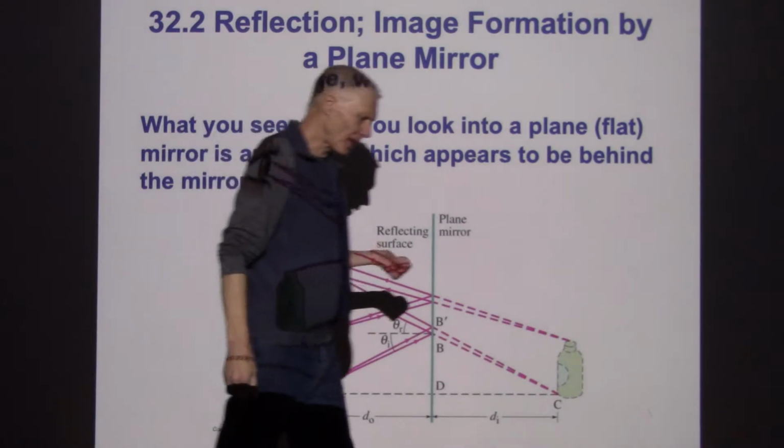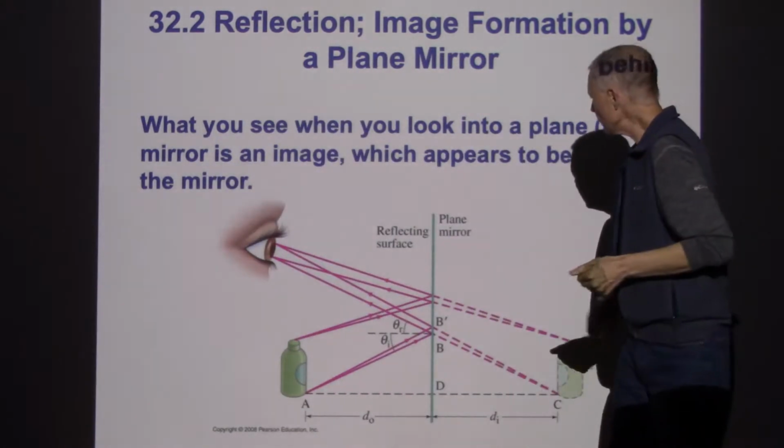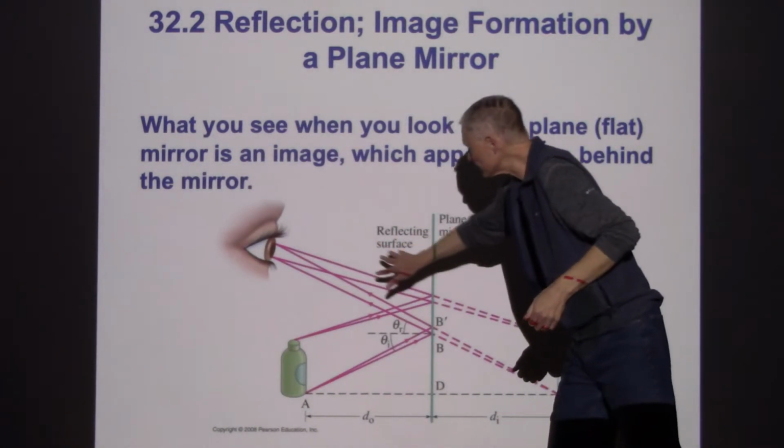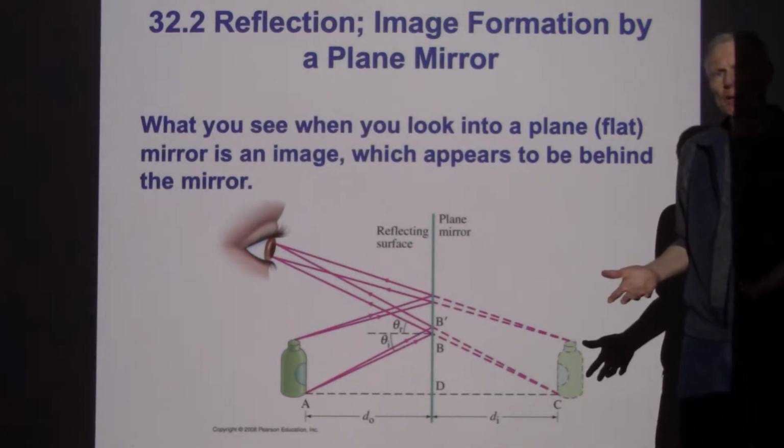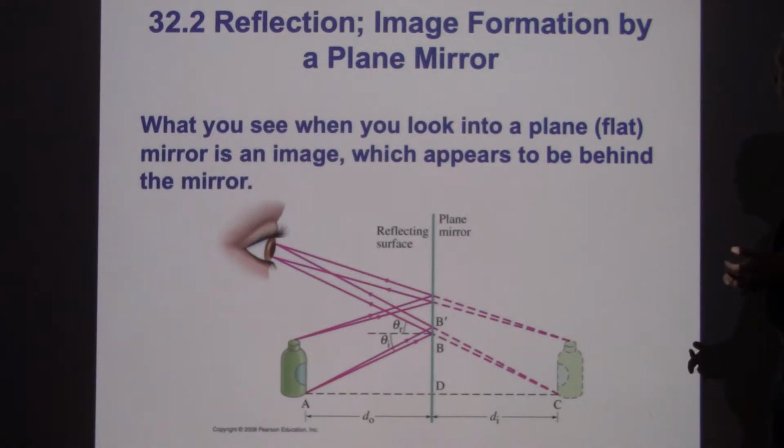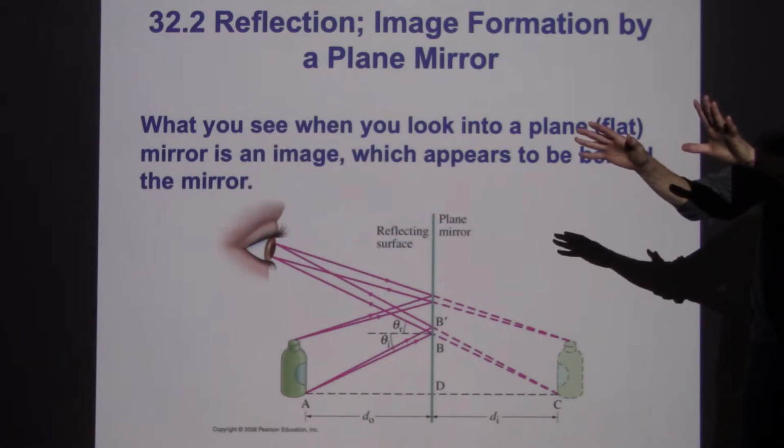Now, what we also have in this diagram is the path that the light is taking after the reflection has occurred. That light corresponds to an image. So one way to think about this is that the mirror redirects the light. The light coming in is spreading away from the object.